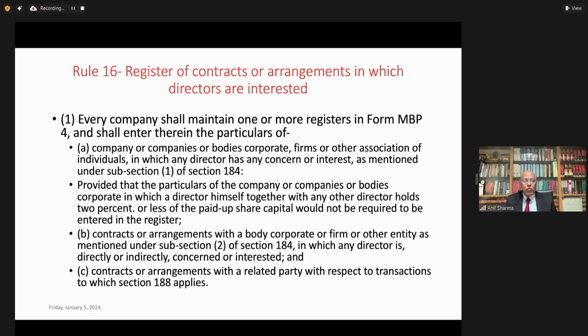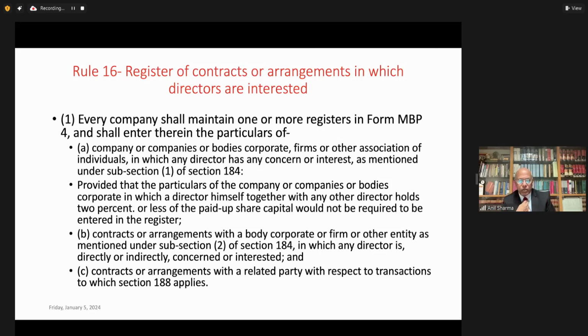And second is whatever transactions have happened with related parties, the particulars of all those contracts or arrangements where section 188 applies, all those are also required to be recorded in the register, so that it is linked. So from an audit point of view, this register makes a very important piece of evidence for us to verify the related parties and related party transactions.